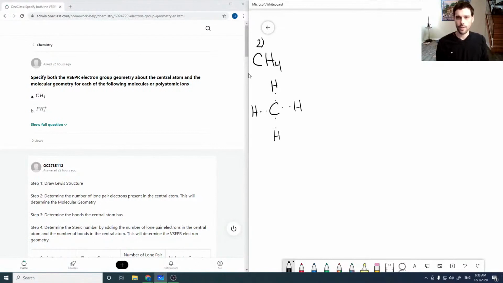And I just do this by simply putting in all the valence electrons and seeing if we get nice bonding, which we do. And so this looks like the right structure. Of course, when we draw it into the molecular structure, it's going to be three-dimensional.